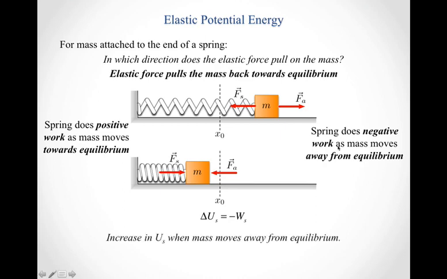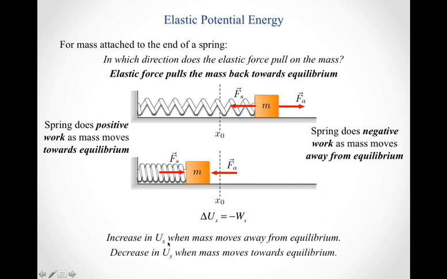So if the spring does negative work when my mass moves away from equilibrium, that negative work term multiplied by that negative sign out in front tells me that I will increase the elastic potential energy. So as I move away from equilibrium, I'm moving against the spring force and increasing the elastic potential energy.